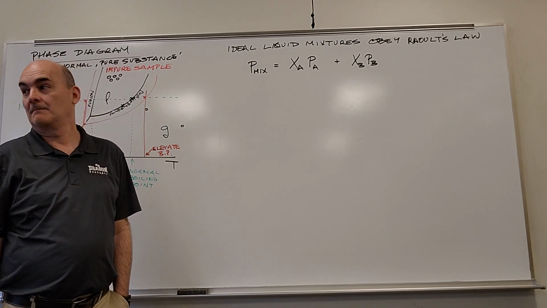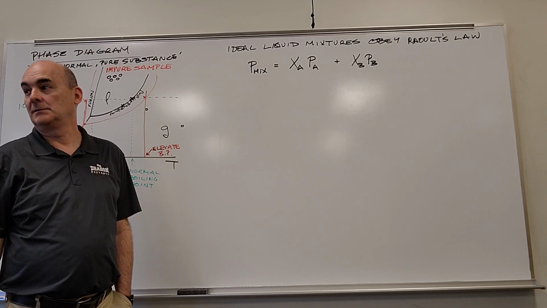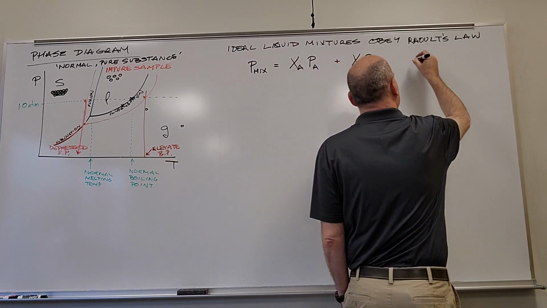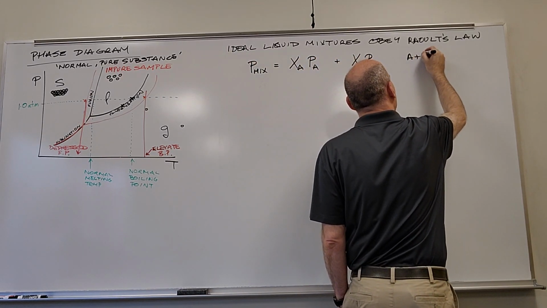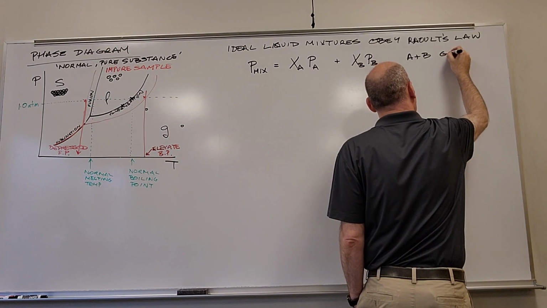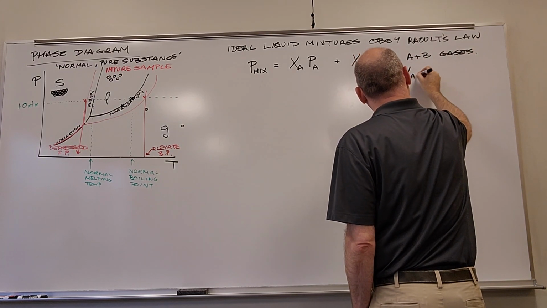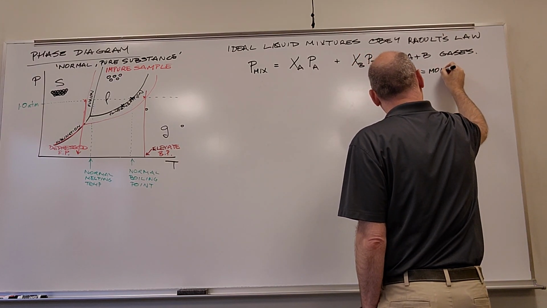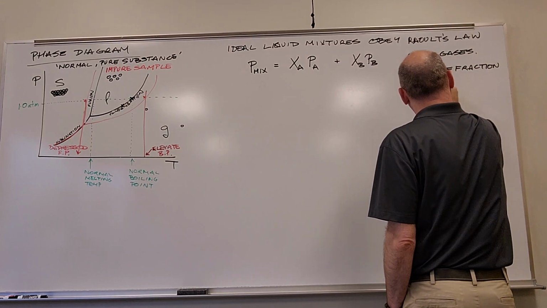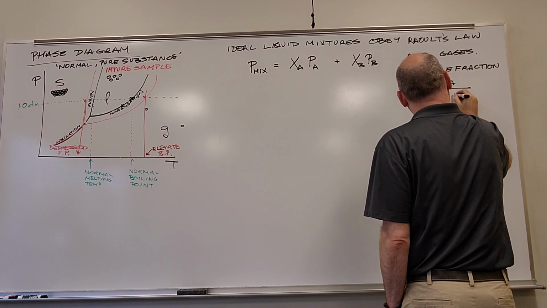Unless the X's mean what? Mole fraction. Right. So I have two gases, A and B, and XA is the mole fraction of A, which is the number of moles of A divided by the total number of moles.